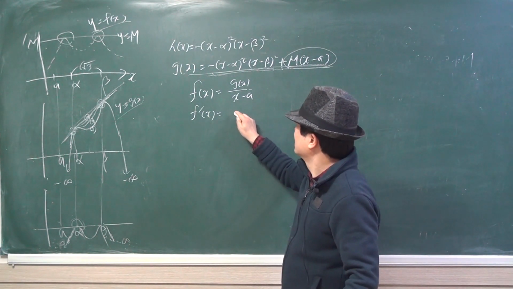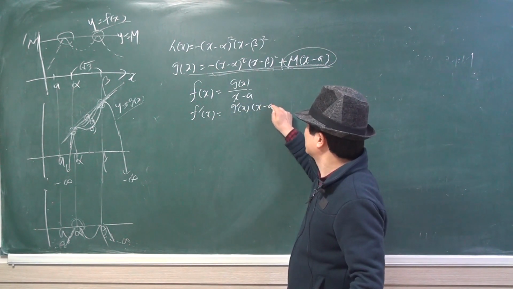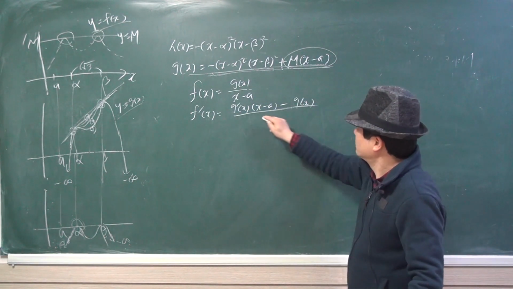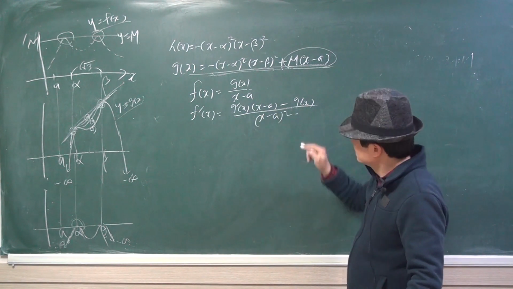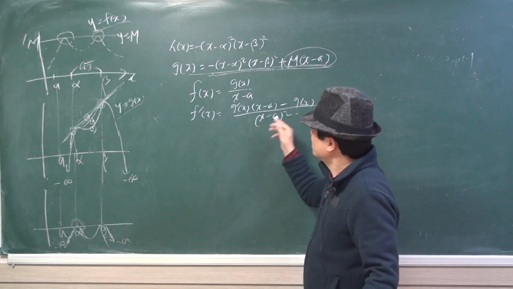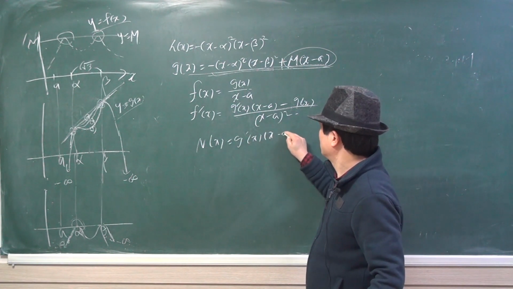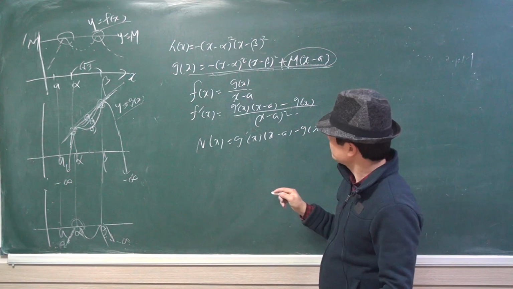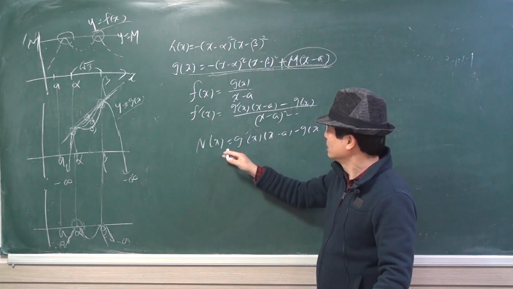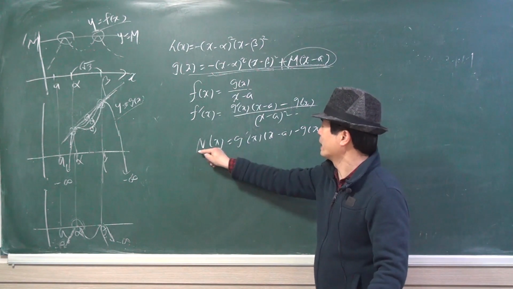f'(x) equals [g'(x) times (x minus a) minus g(x)] divided by (x minus a) squared. And we rename the numerator part as n(x), that is g'(x)(x minus a) minus g(x), and go on to find the zeros of n(x).